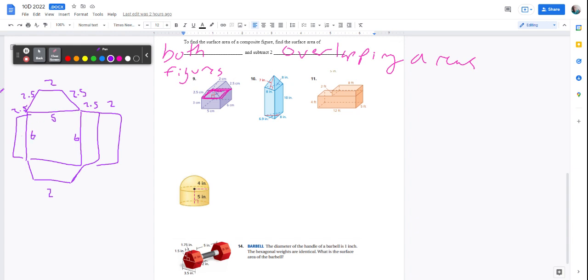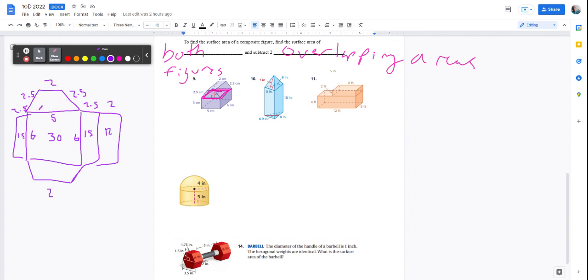Starting with our trapezoid here, we have a 2 by 6, which has an area of 12. We have 2.5 by 6, which is 15. We have 6 by 5, which is 30, which is underneath. And we have 6 times 2.5, which is another 15.